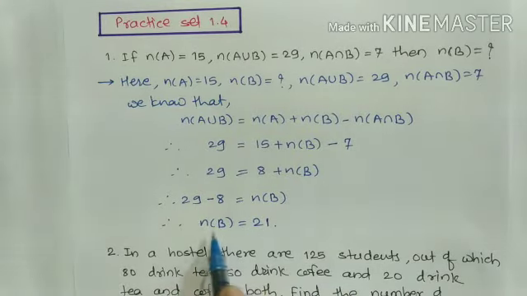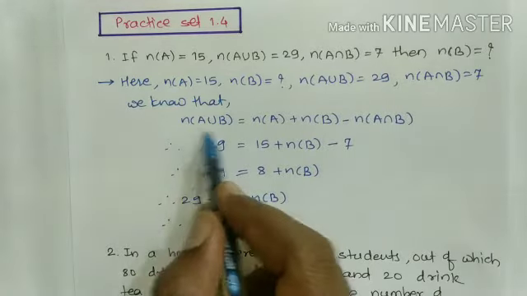Here we find the number of elements in the set B by using this relation.